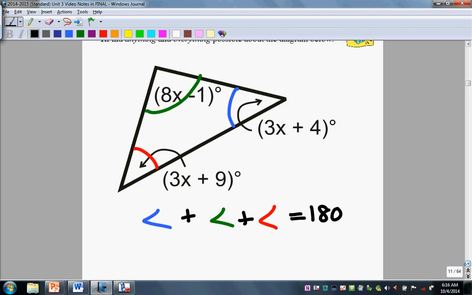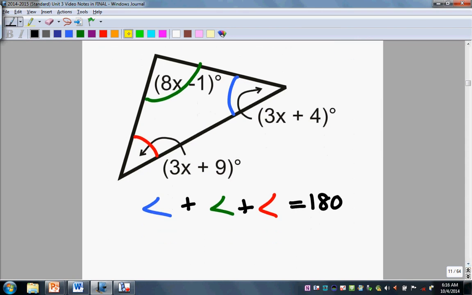Notice I did not immediately go for the algebra. I talked about things before you talk about algebra. We think in terms of things such as angles and segments. Now we're going to go back, circle, plug, chug.